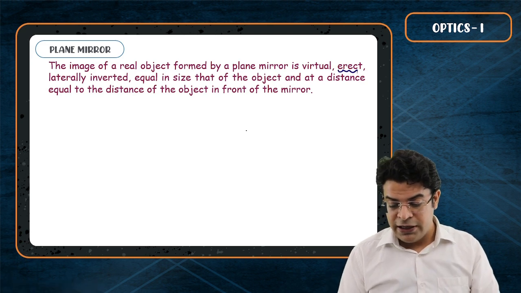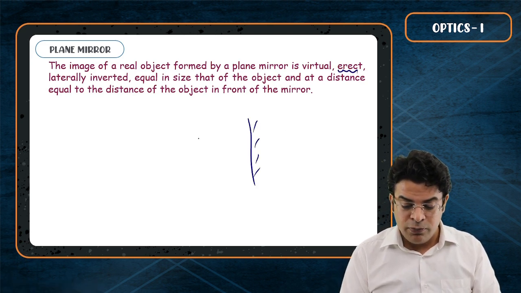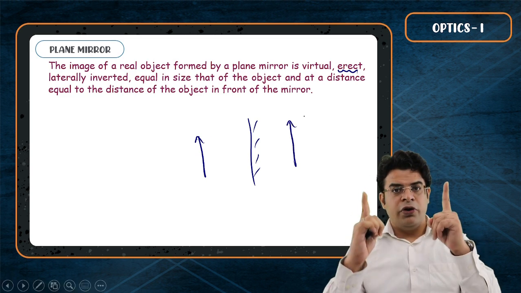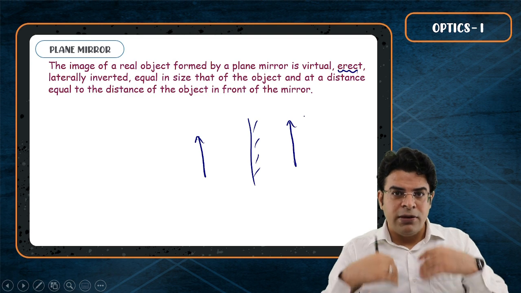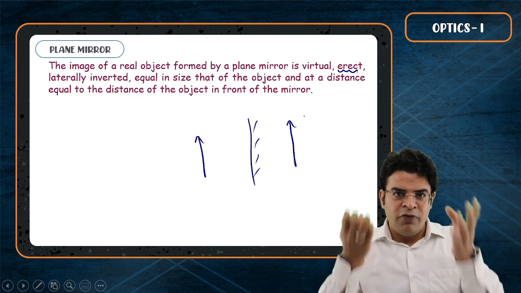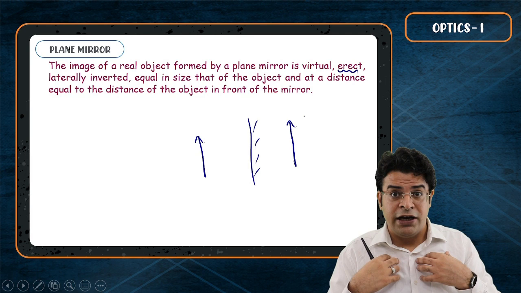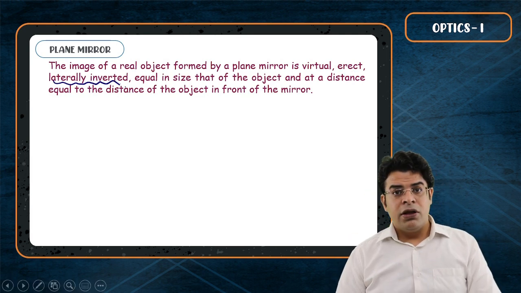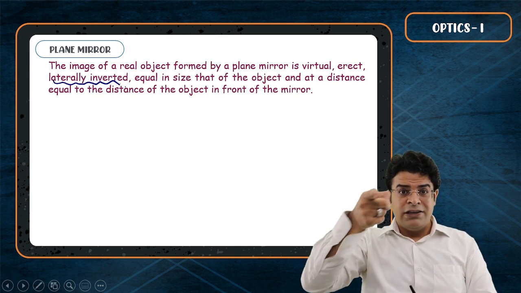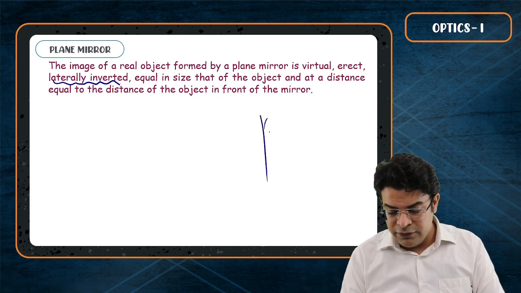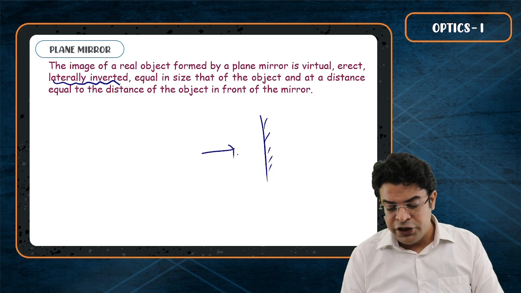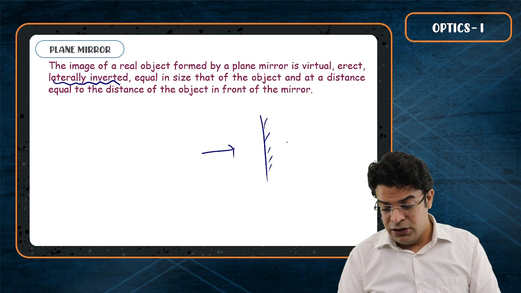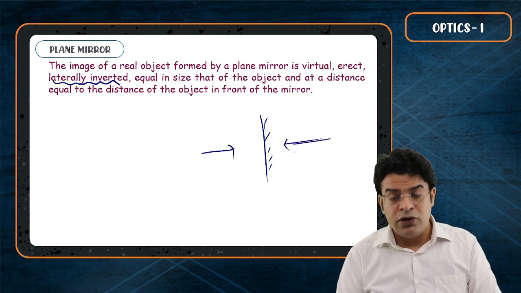The image will be erect. So if you have a plane mirror and you place a pen in front of it like this, the image will also point in the same sense. When I look in the mirror, my head is up and my feet are down, just the way I am standing. So it's erect. But sir, then it says laterally inverted. If you point a finger towards the mirror, or let's say you have a pen pointing towards the mirror, when you look at the image in the mirror, the point will be towards you.